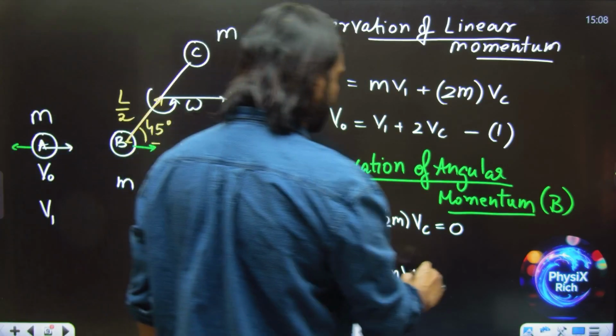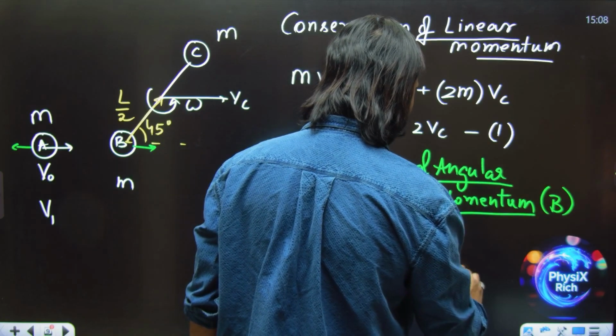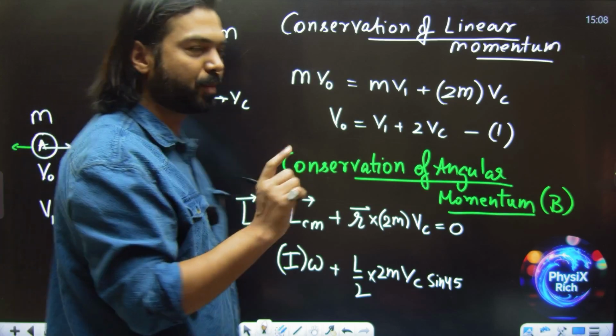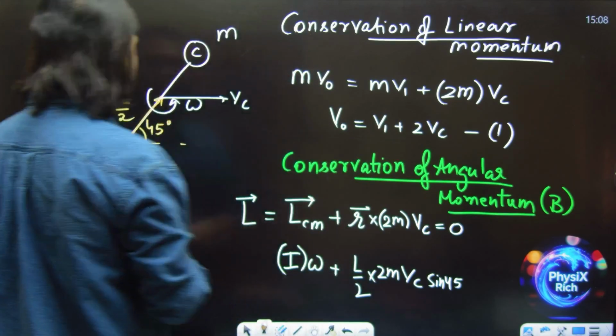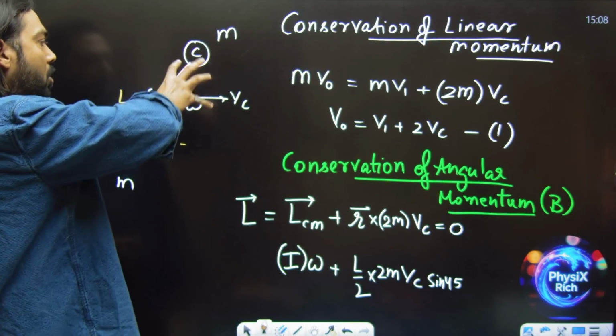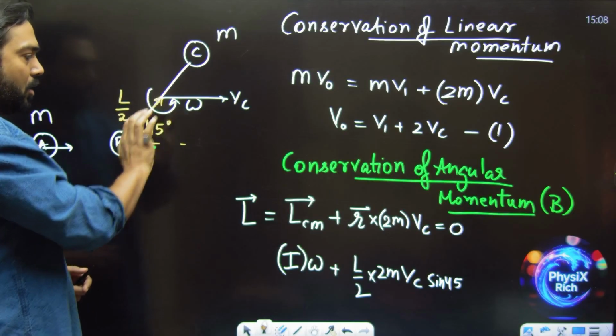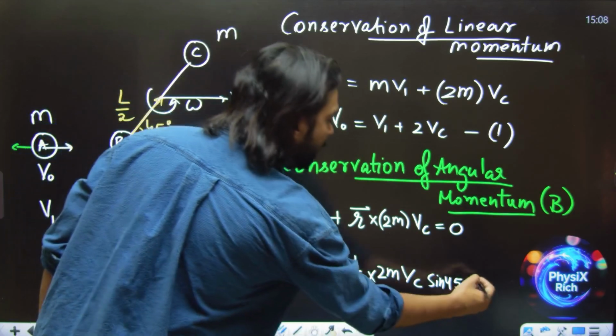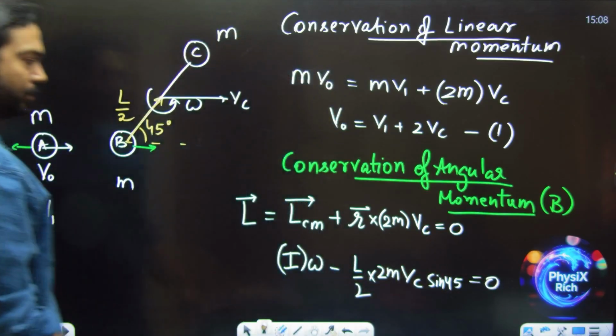It will be sin 45, so we will write a sin 45 over here. But you see, guys, there is one small tiny problem over here: the omega is counterclockwise, and this R cross V is clockwise. So instead of writing a plus over here, we should be writing a minus. And that is the whole reason why it will become 0.